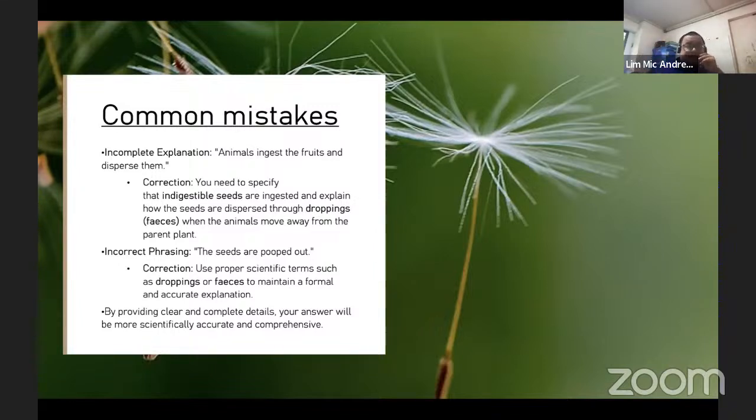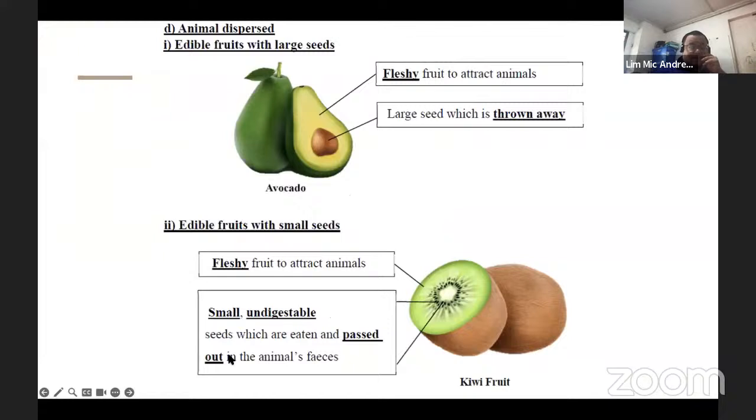You need to tell the teacher that the seeds are indigestible, those seeds that cannot be digested, and explain how the seeds are dispersed through the dropping of feces when the animal moves away from the parent plant. Say that small seeds that are not digested are eaten and passed out in animal feces.